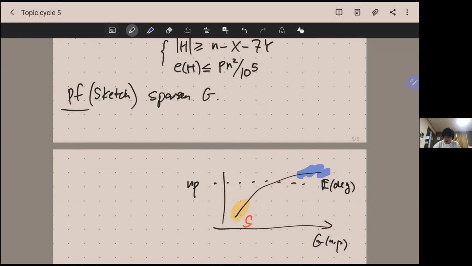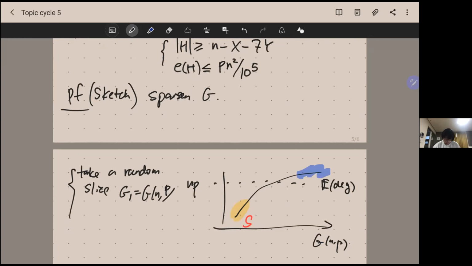What we do is two things. One is you take a random slice, G1, which is G(n, p over 10 to the 6).